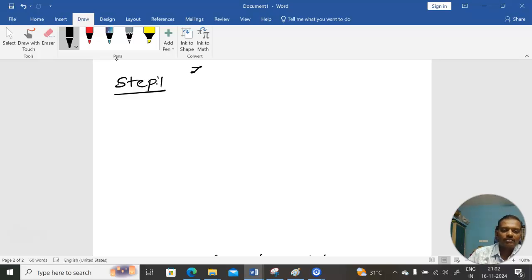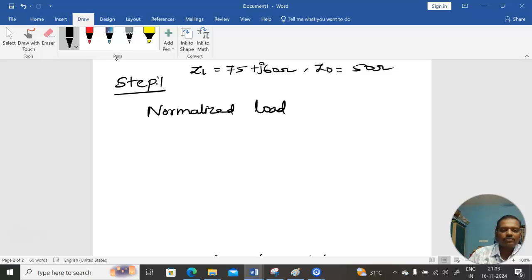Step number 1. As you all know, the given question has ZL equal to 75 plus j60 ohm, and Z0 equivalent to 50 ohms. The first step is to find the normalized load impedance. To find it, we divide ZL by Z0.